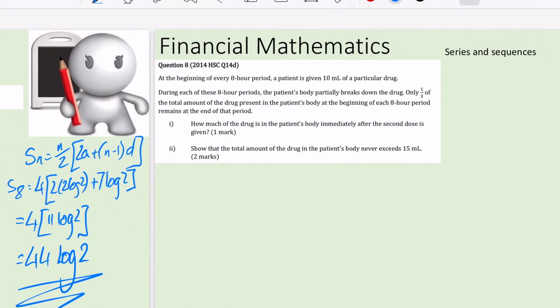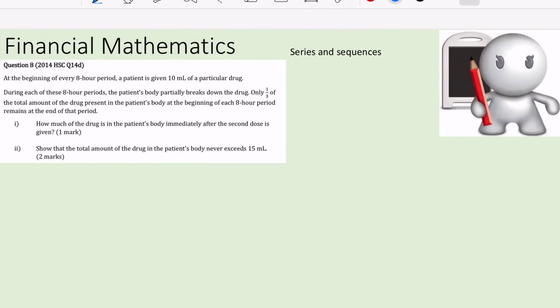All right. Now, with our next slide, a patient is given 10 milliliters of a particular drug. During each of these 8-hour periods, the patient's body partially breaks down the drug.